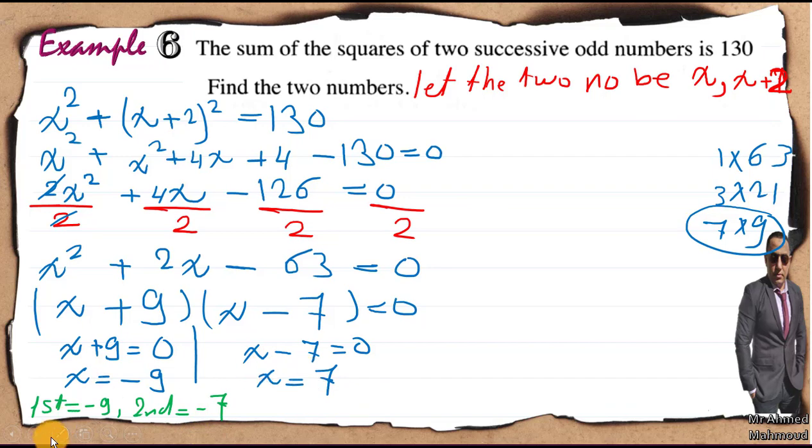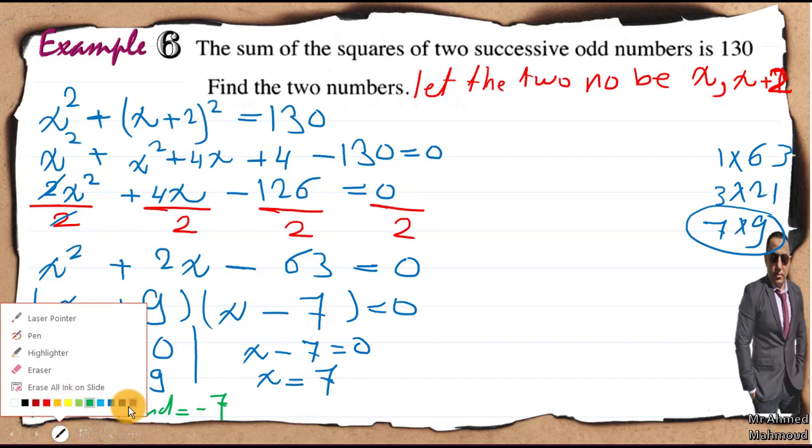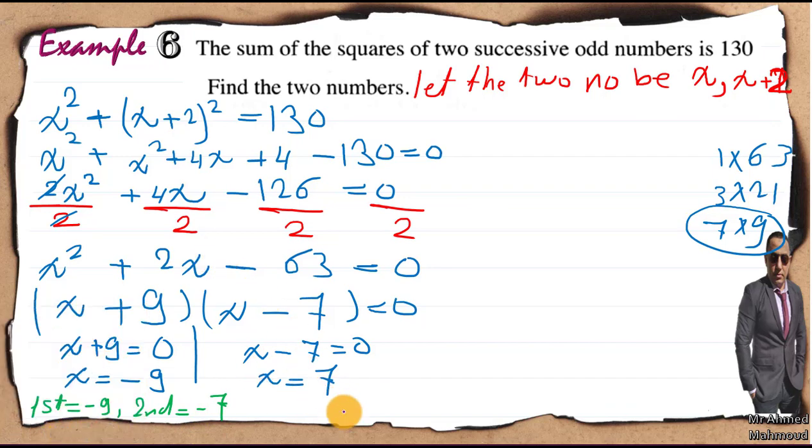Or the first x equals 7, the second x plus 2, 7 plus 2 equals 9. So the two numbers are 7 and 9, or negative 9 and negative 7.